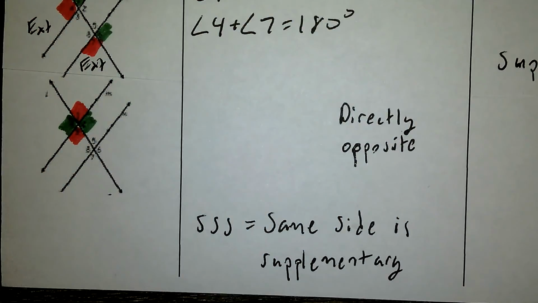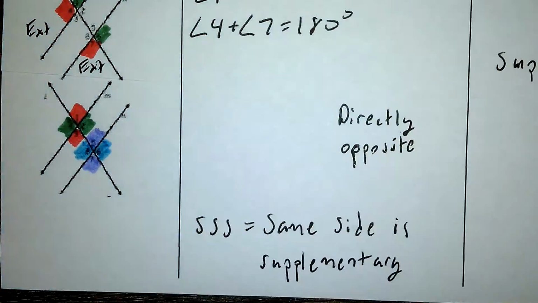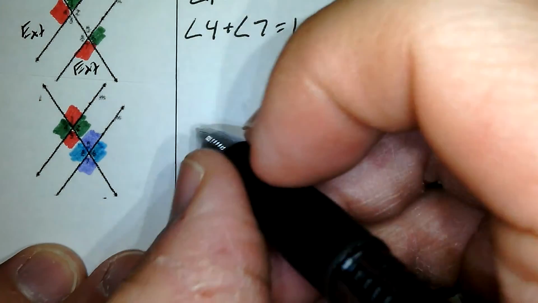Angle 2 and angle 4 would be considered vertical pairs. Angle 5 and angle 7 would be considered vertical pairs. And angle 6 and angle 8 would be considered vertical pairs. And these are going to be congruent.